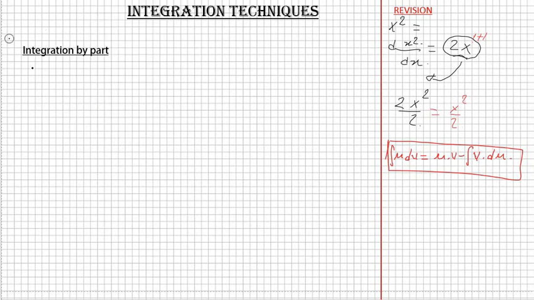It is from the N6 textbook. You have to integrate e to the power of 2x multiplied by cos of x dx.